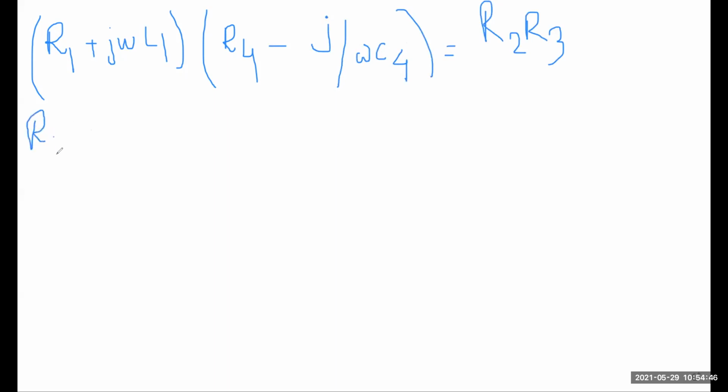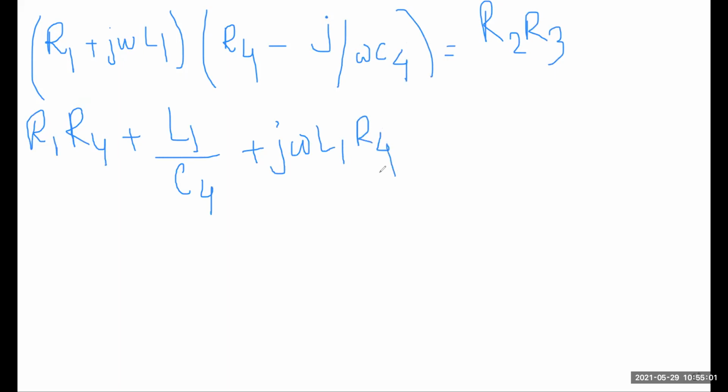So here it will become R1 R4 plus L1 by C4, plus j omega L1 R4 minus j R1 divided by omega C4, and that is equal to R2 R3.